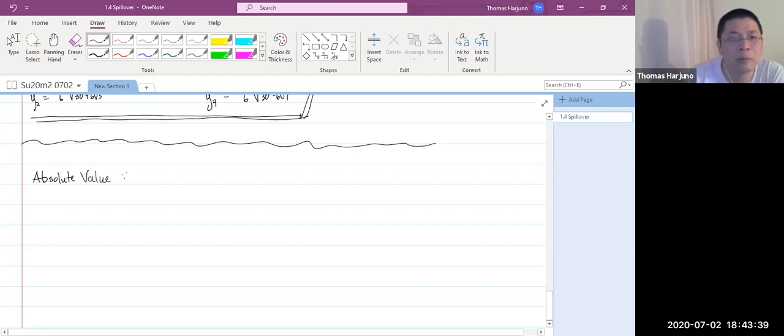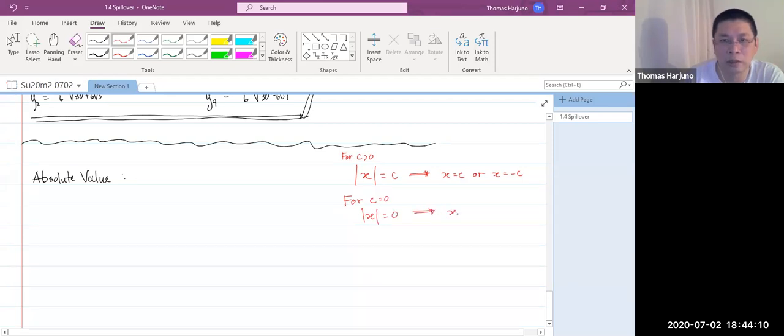Now, please remember that yesterday I said when you have absolute value of something equals C, where C is positive, then your next step will be either X equals C or X equals negative C. For C equals 0, then absolute of X equals 0 basically means X has to be 0.